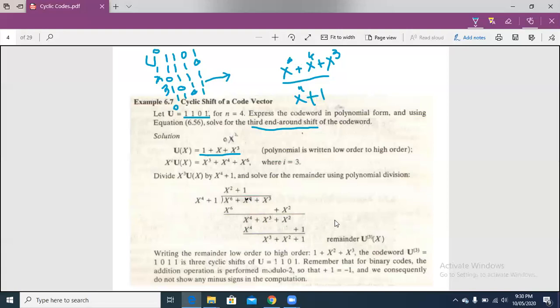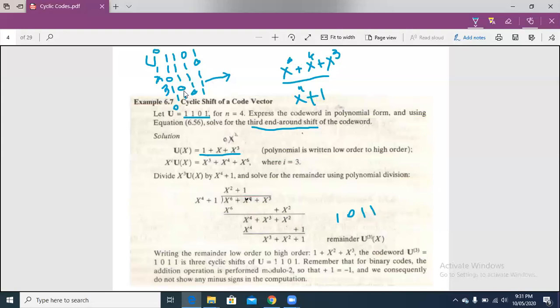So how can we write it? We will write this one first, and then we have 0 because there is 0x, and then we have 1x square, and then we have 1x3.